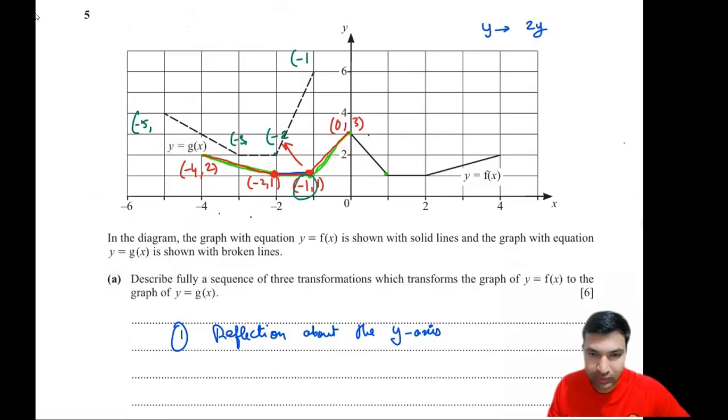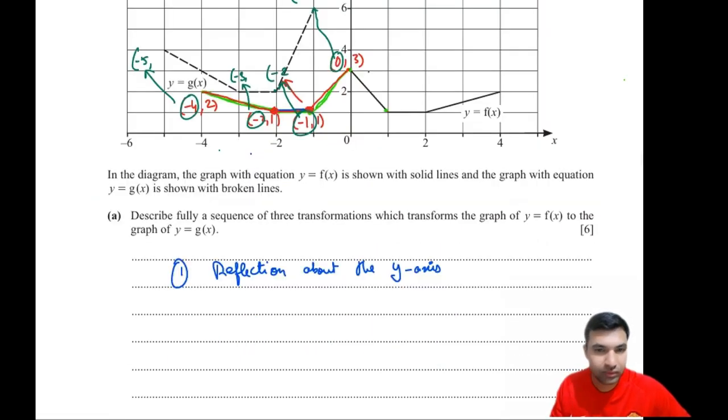That's -1, that's 0, here it is -2, here it is -4. So -4 becomes -5, -2 becomes -3, -1 becomes -2, and 0 becomes -1. So it is moving towards the left by a vector of -1, isn't it? So reflection about the y-axis means x becomes -x.